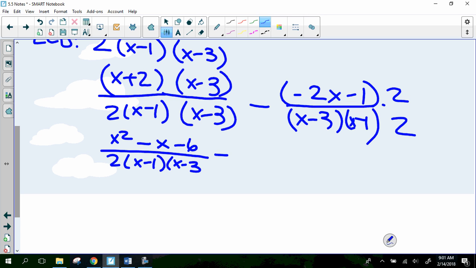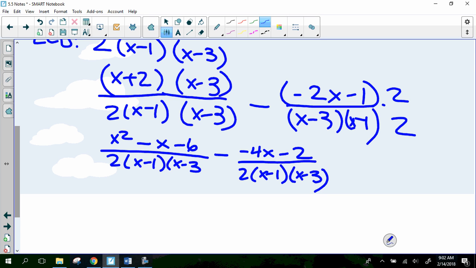And then I have a minus sign. And I have 2 going in there, so I have a negative 4x and a negative 2. Then multiply the 2 in there.